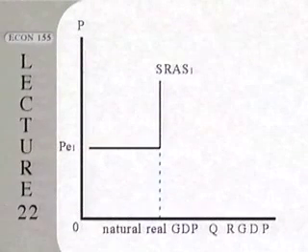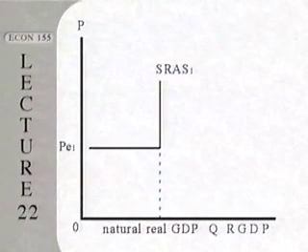And the right angle occurs when the economy reaches full employment. And I'm introducing a term here for the first time, natural real GDP. This natural is what we've added to the term. This is the real GDP that occurs at full employment.